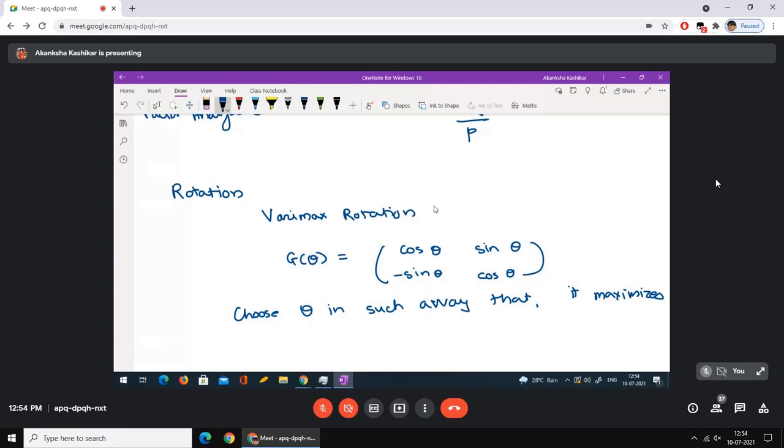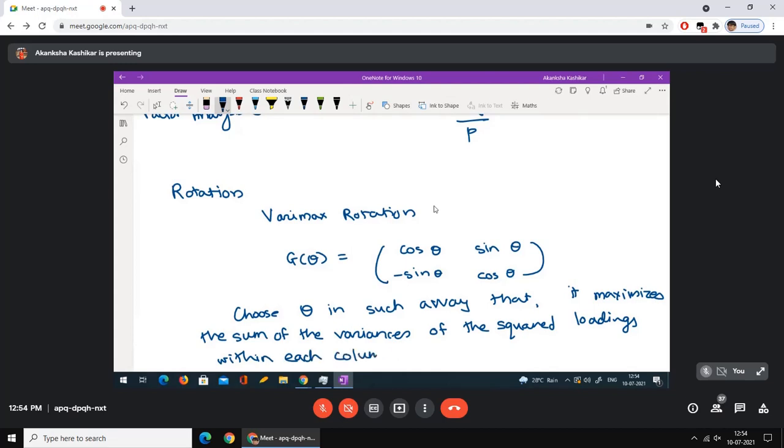It maximizes the sum of the variances of the squared loadings within each column of the loading matrix.